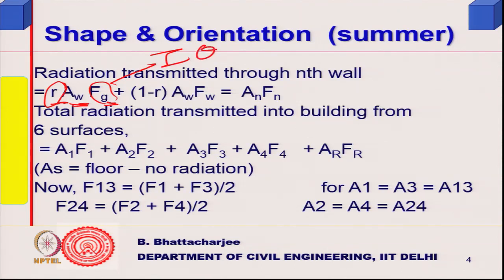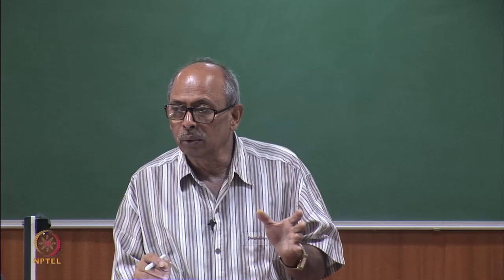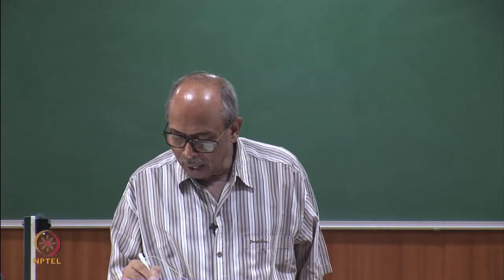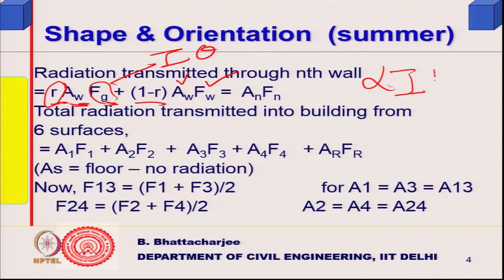So, that is the radiation heat gain through the glass. 1 minus R is the solid portion of the wall, multiplied by area of the wall into F_W. What is F_W? F_W stands for I alpha R_o into U, all for the wall. So, that is what it was, and for any wall, for the nth wall, you can find it out in this manner.